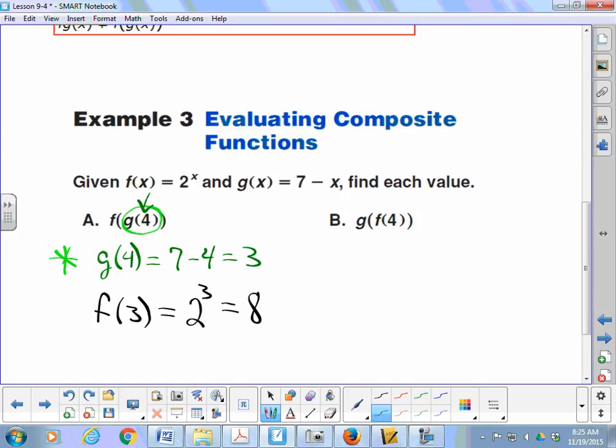So over here, because it says g of f of 4, we're going to find f of 4 first. So I replace x in f of x with 4, and we get 16, 2 to the fourth power.